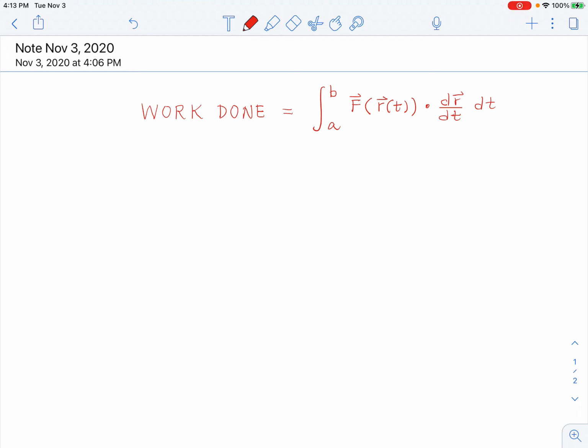To understand why this definition is consistent with our conventional definition of a work done along a straight line, let's take a little digression here.